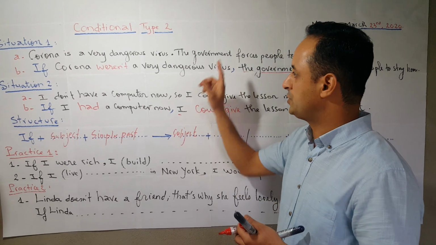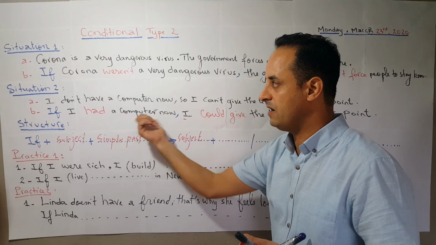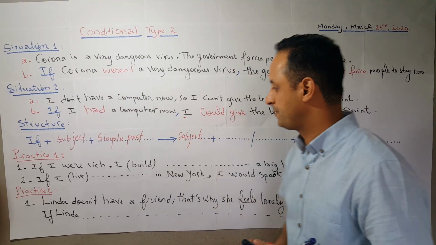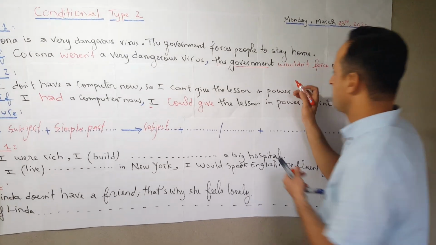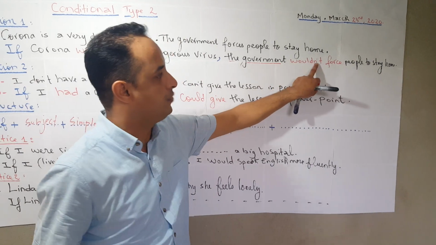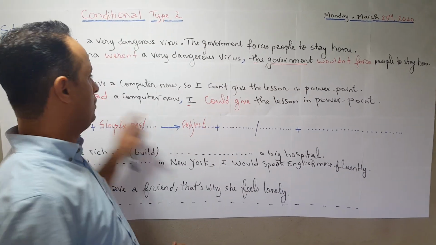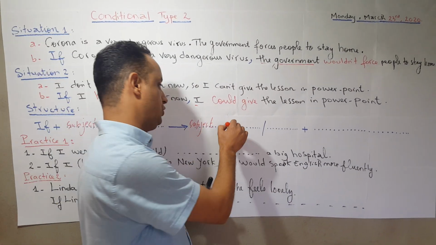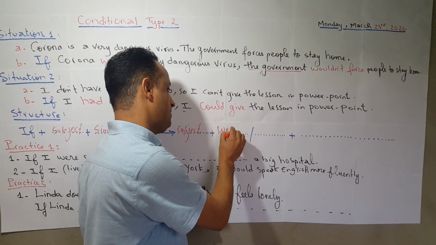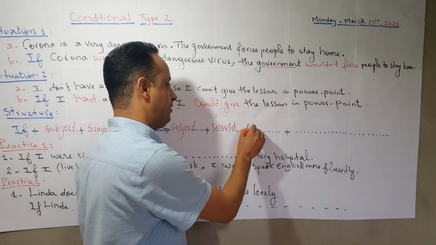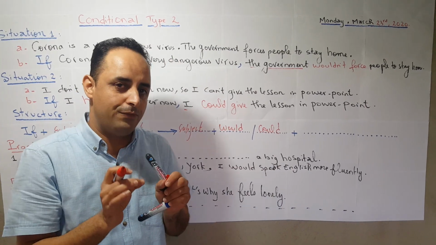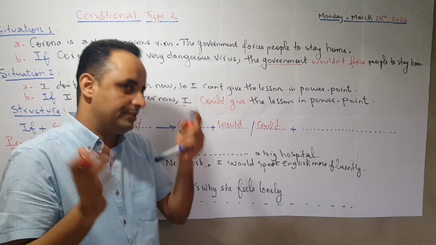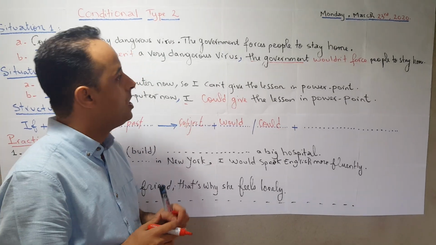It can be the same subject, in this case I. It can be a different subject. After the subject comes, in the first situation, wouldn't, in the second one, could. So you can use either would or could. Though there is a slight difference between the two, you can use them interchangeably.